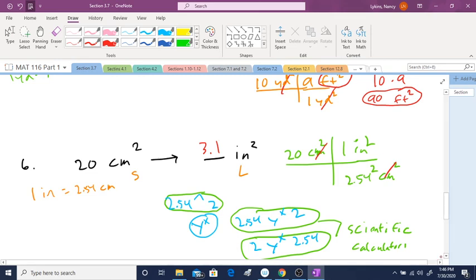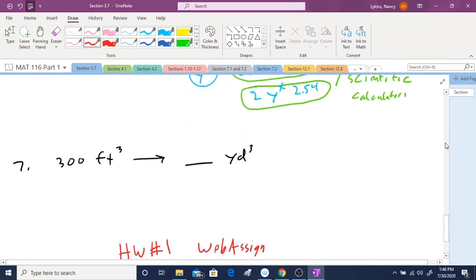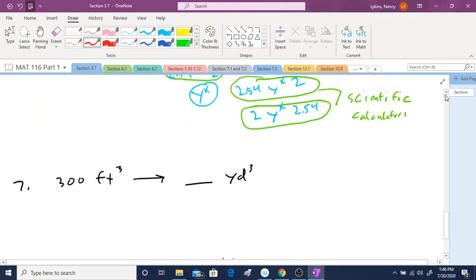Now my last example, okay, you take 300 feet cubed, and we're trying to convert it to yards cubed. Now, when you think of cubic stuff, I want you to think of volume.